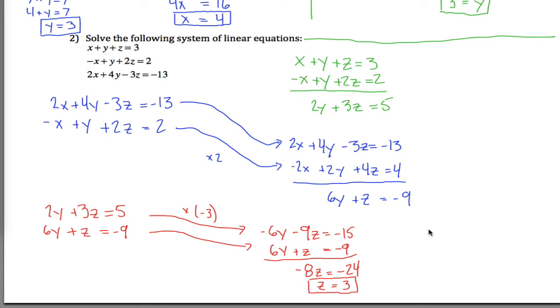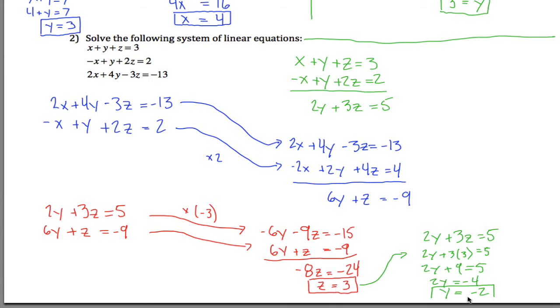I'm going to take this 2y plus 3z equals 5, and I'm going to plug in z equals 3. So I'm going to say 2y plus 3 times 3 equals 5. In other words, 2y plus 9 equals 5. Or 2y equals, if I subtract 9 from both sides, -4. So finally, y is equal to -2.